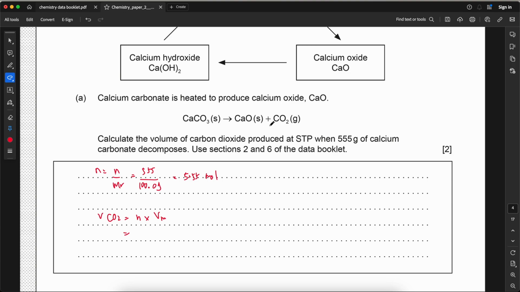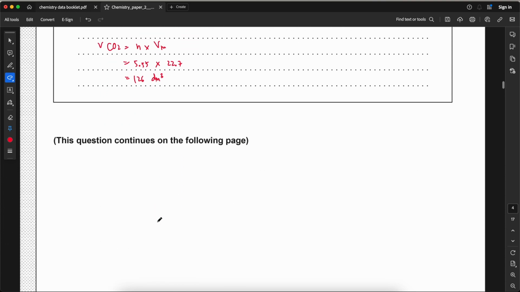Therefore, the mole of CO2 is the same as the mole of CaCO3, which is 5.55. Vm is a constant, 22.7, and you will get 126 decimeter cube volume of CO2.